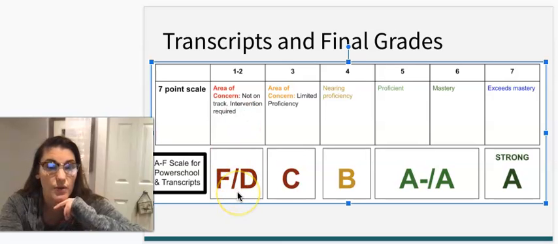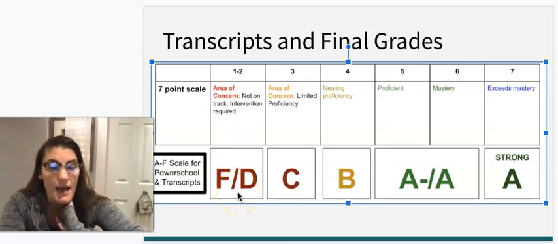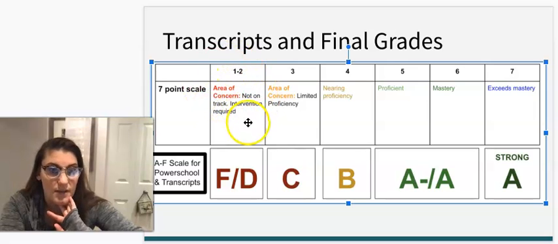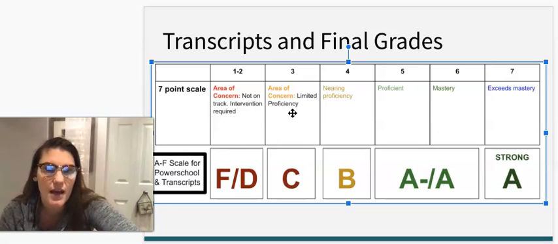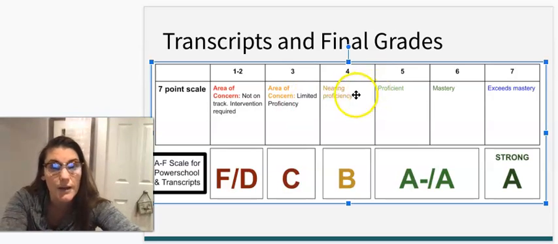It's equivalent to an F or a D, and that would show up in PowerSchool and on your transcripts. The 1s and 2s show up in Schoology, and I'll show you what that looks like. A 3 is an area of concern, but it's doing okay. Typically a lot of 7th graders and 8th graders start out there when they're learning new knowledge, especially in that formative work.